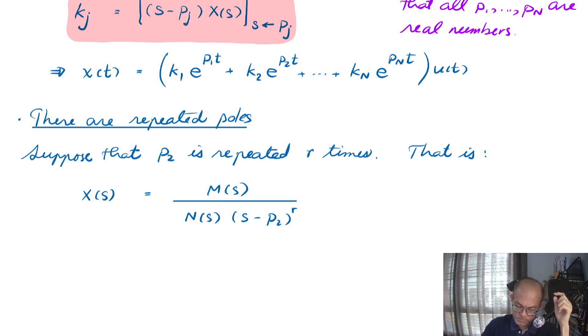Now this exponent here is because p2 is repeated r times here, right? So we put the exponent here, (s minus p2) to the power of r. M(s) and N(s) are some polynomials.